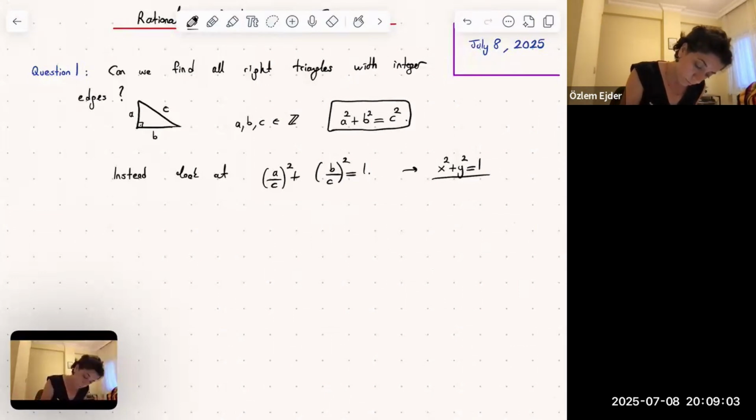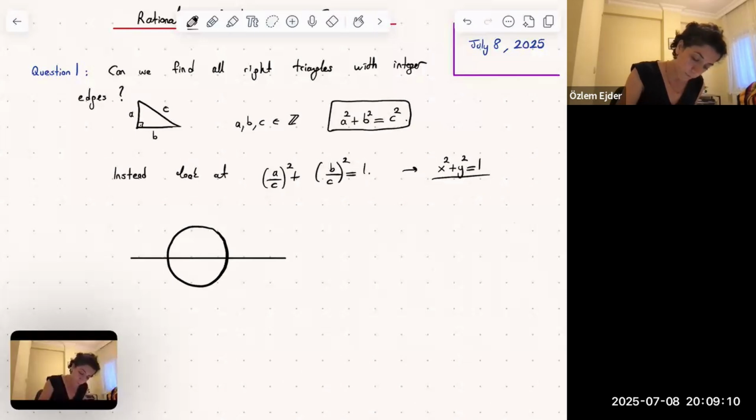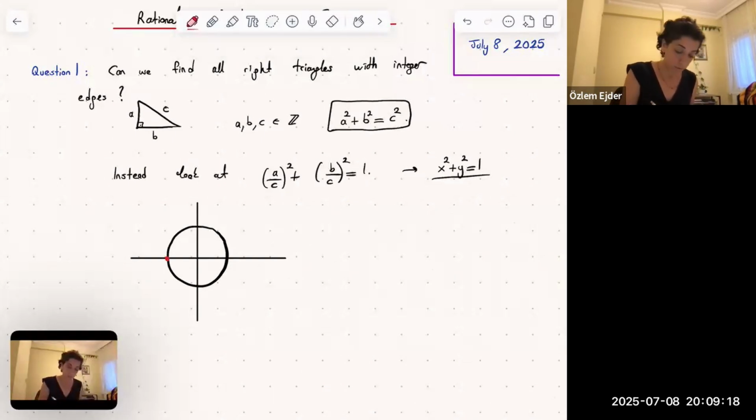So let me draw a circle. I have my circle, and I'm going to fix one point here, that is (-1, 0). Then I'm going to draw a line that passes through this point -1. As you see in this picture, this line will intersect the circle at another point.